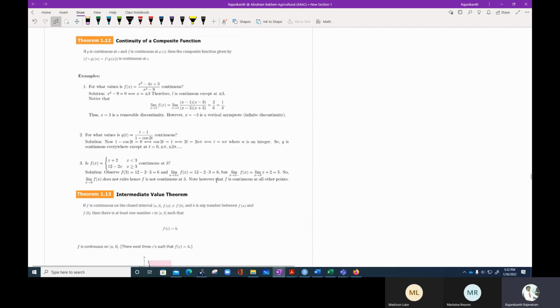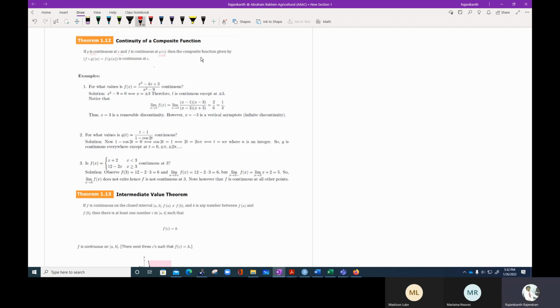Now, the next property: if you have two continuous functions f and g, where g is continuous at a point C, and f is continuous at g(C), then the composite function f of g is always continuous at C. So you could combine two continuous functions, and the resultant composite function is also going to be continuous.